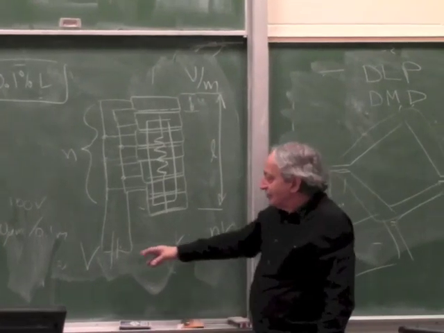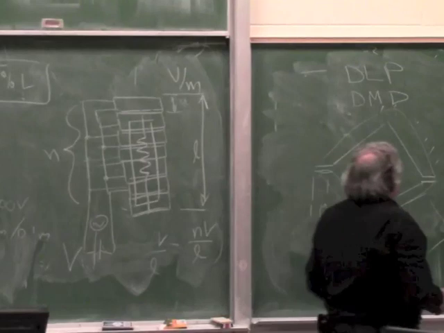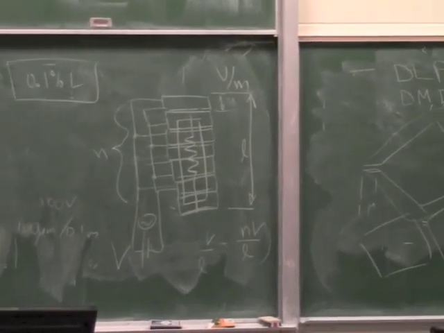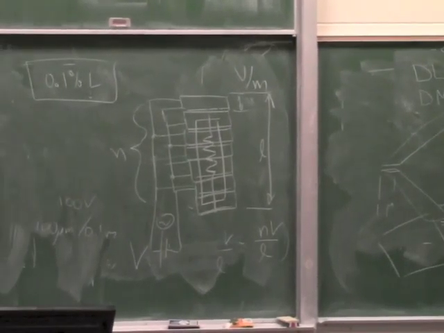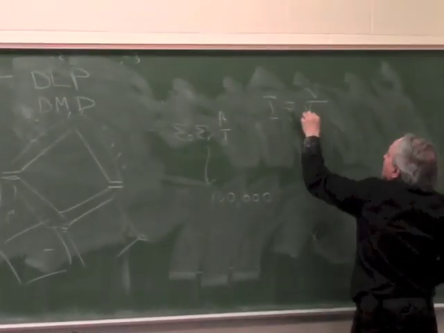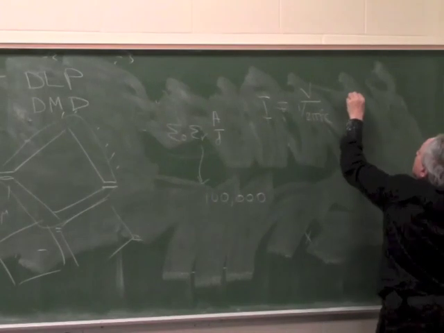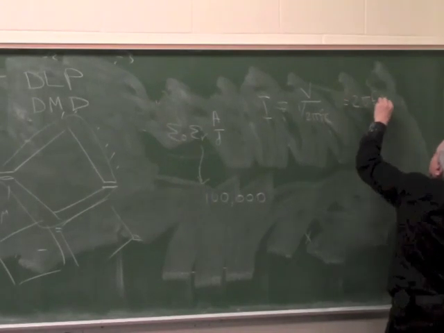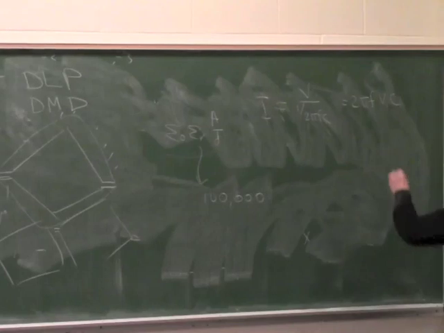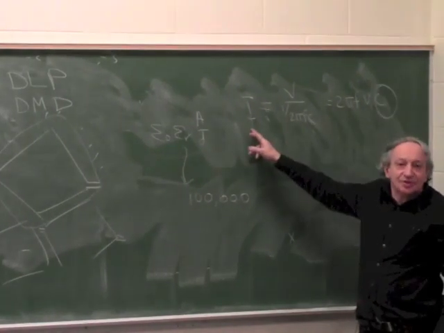And you cannot drive it fast, because when you drive a capacitor with AC, the current is V over 1 over 2 pi F C, so it is 2 pi F V C, and if the capacitance is huge, the current needed to drive it is huge.